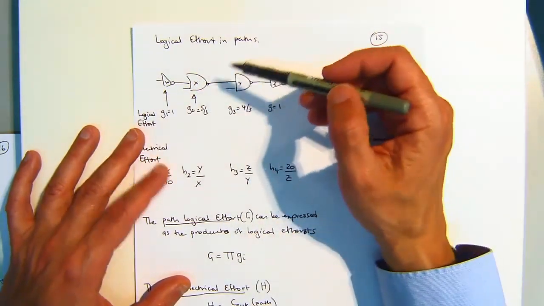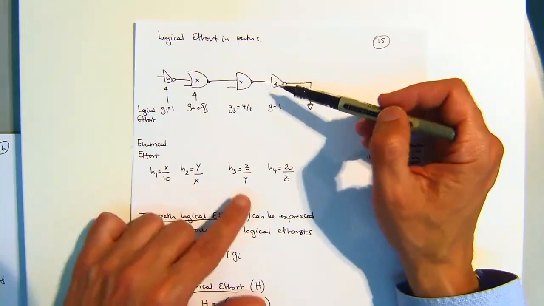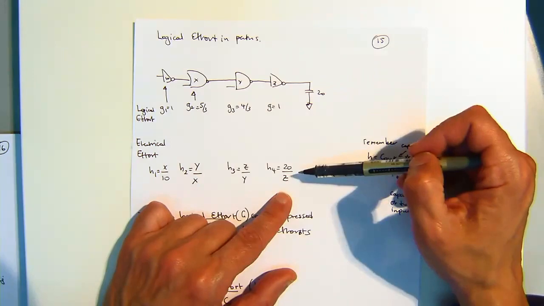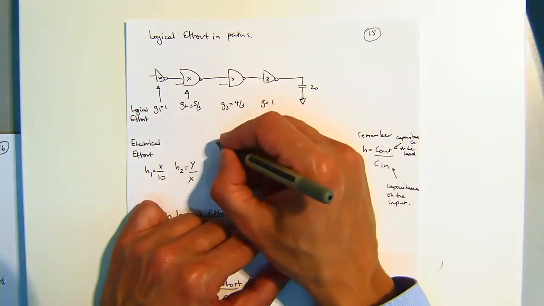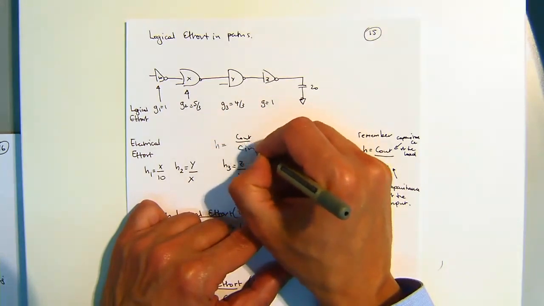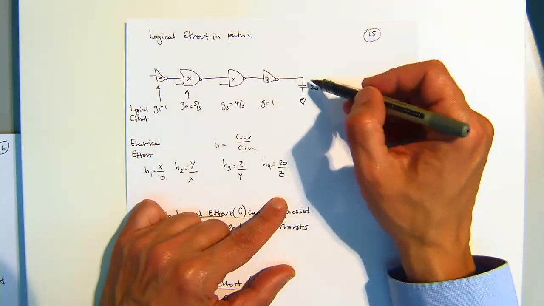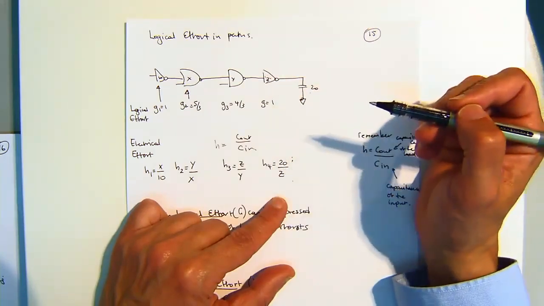So here what I'm saying is Y on X, Z on Y, 20 on Z, and that's the electrical effort. Does that make sense? So electrical effort is C out on C in. Therefore, C in is Z, C out is 20. So the electrical effort here is 20 on Z. Okay.